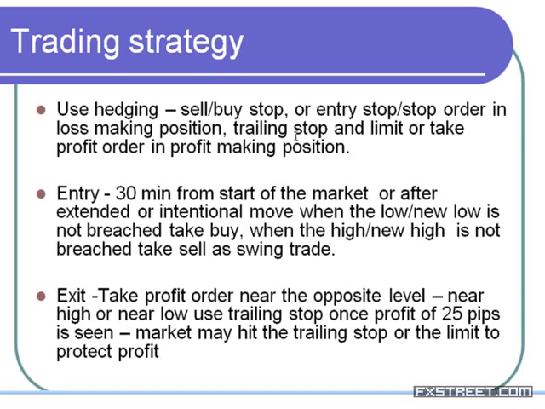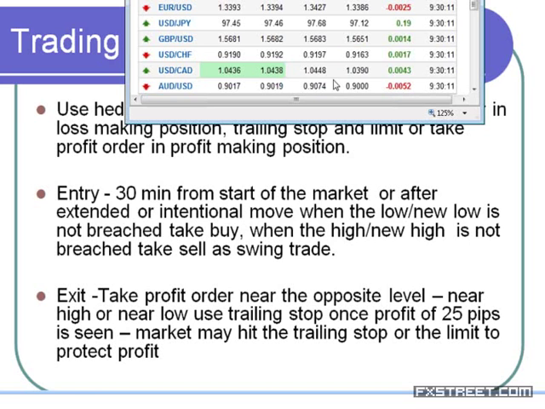Then the stop at the entry is made a trailing stop, maintaining 15 pips from the market, and it will start rising as the market rises. Then we keep about a 45 pips limit to start with, or near the high. If we are taking a buy position near the low, we keep the exit or take profit level at the high.